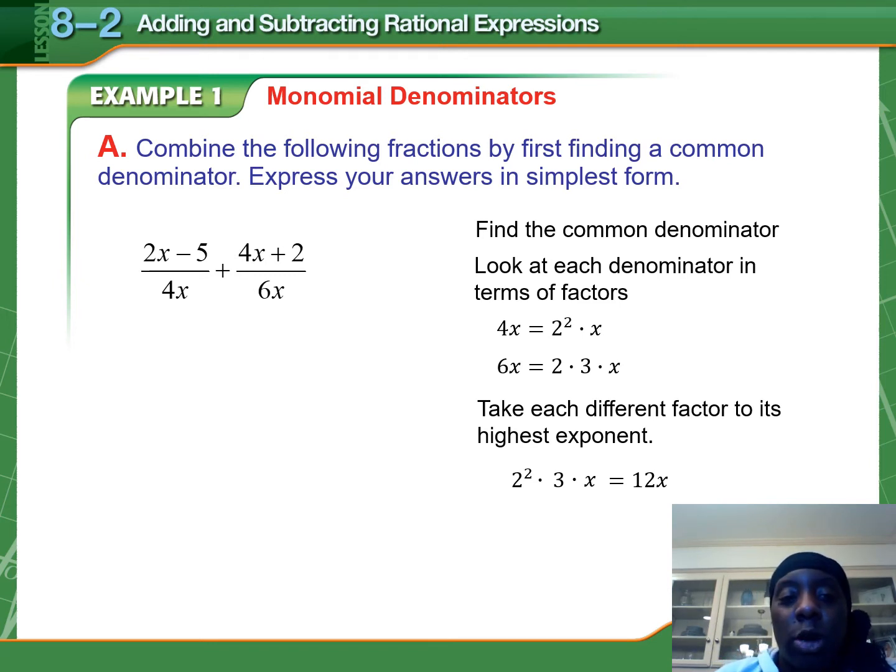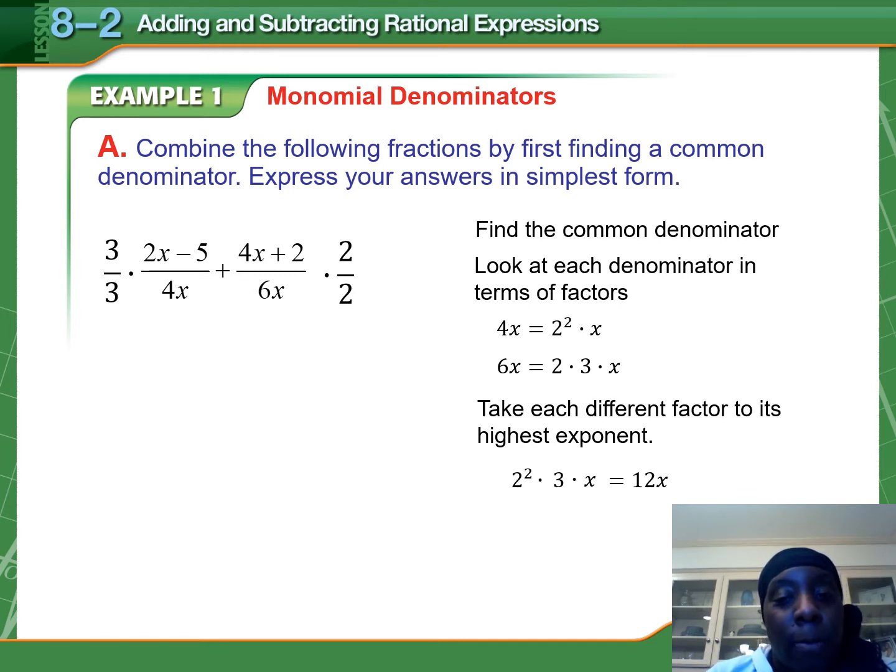We need to change each one of those denominators to 12x. So what do I need to multiply for the left fraction, the 2x minus 5 over 4x, to turn it into 12x? Well, I hope you said a 3. And whatever I do on the bottom of a fraction, I have to do on top and bottom to keep the value the same. And over here, I need a 2, because 2 times 6 is 12.